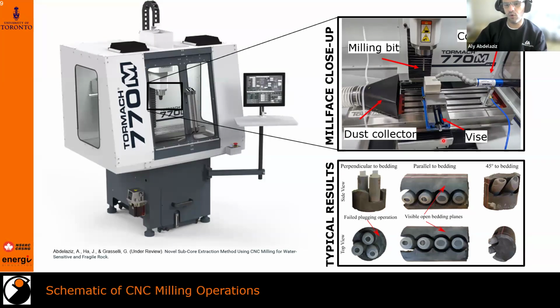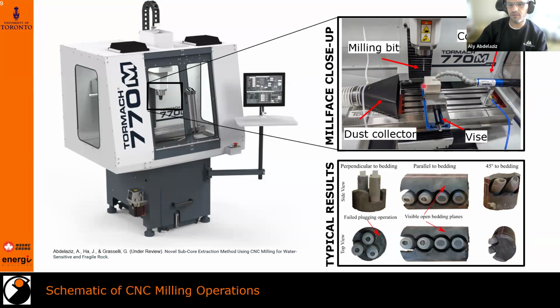But we tried to think outside the box. What if we used, for example, here, a milling machine? A milling machine with a milling bit at the end, cooled with cold air, and then you have a dust collector that collects the debris that's coming out.